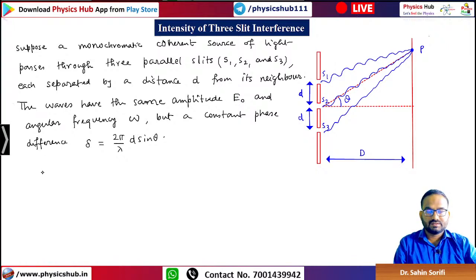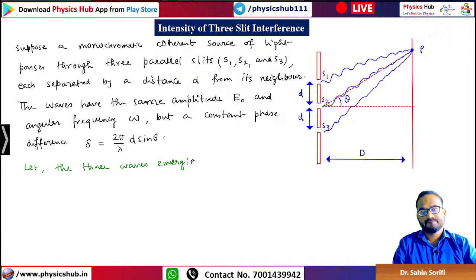So let us now consider the three waves emerging from the slits. How can we write them? Let's say the first wave E1 is equal to E0 sin omega t.